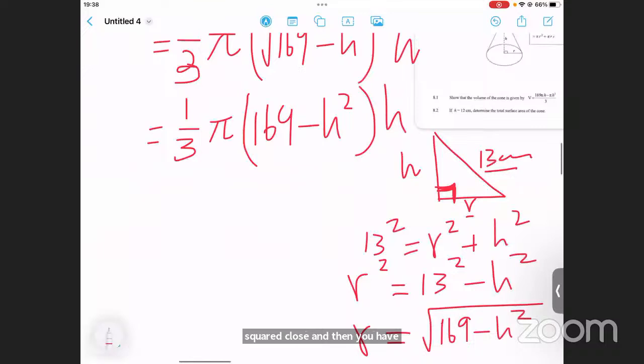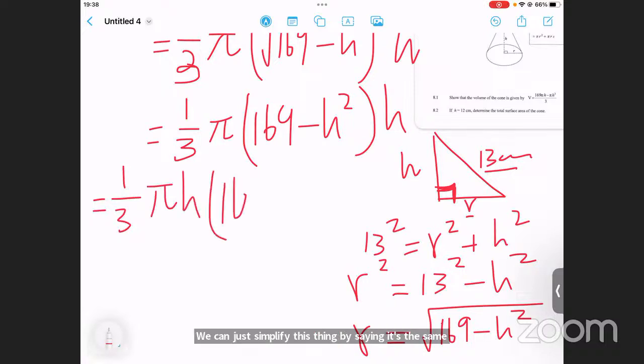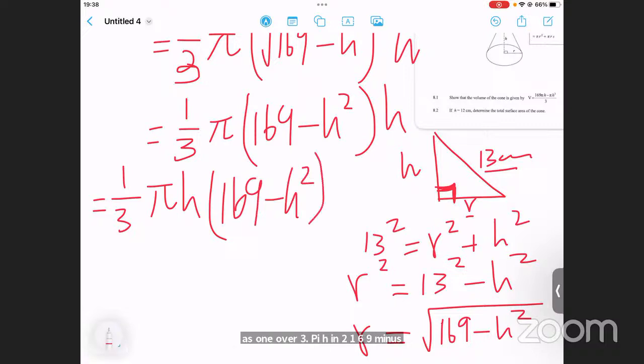Now, we can simplify this by saying it's the same as 1/3 pi h into 169 minus h squared. Now can you see that multiplying that, obviously everything is over 3.